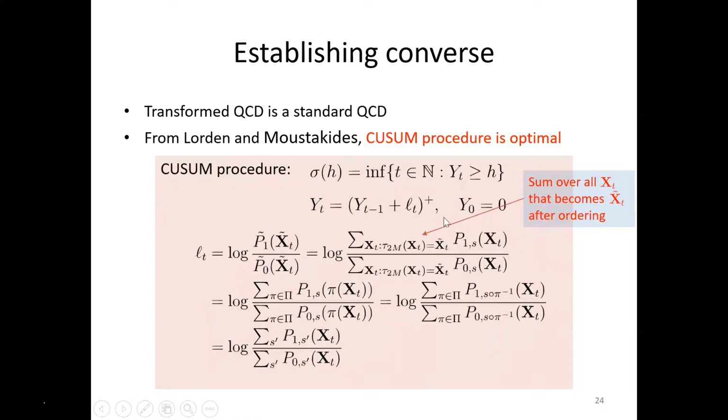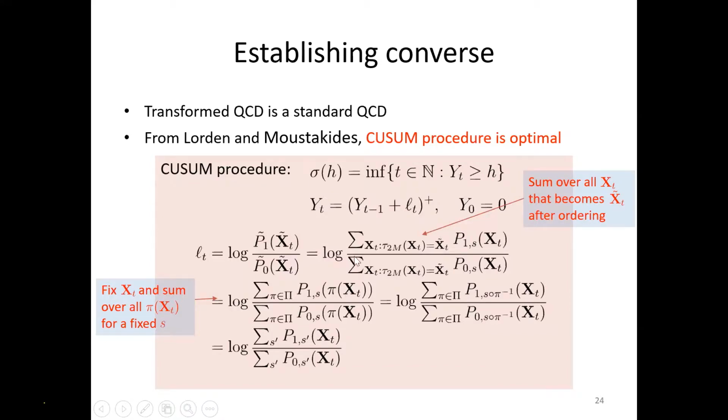As I mentioned, we are fixing X and summing over all the permutations, right? And this is the same as what is here, so here we are summing over all the X such that after the mapping, they become the same X tilde.